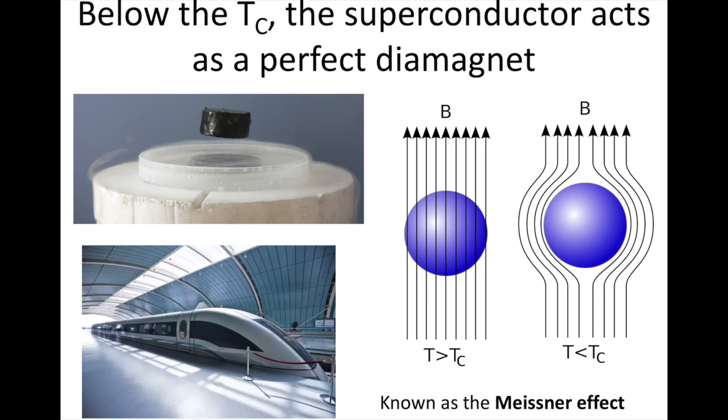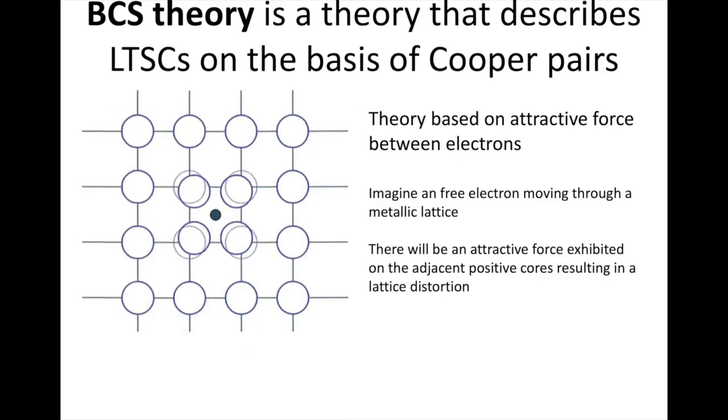That's what we know as the Meissner effect. Applications, like maglev trains, are applications of this, using that perfect diamagnet property that superconductors have. And this is something we'll also see through the lab.